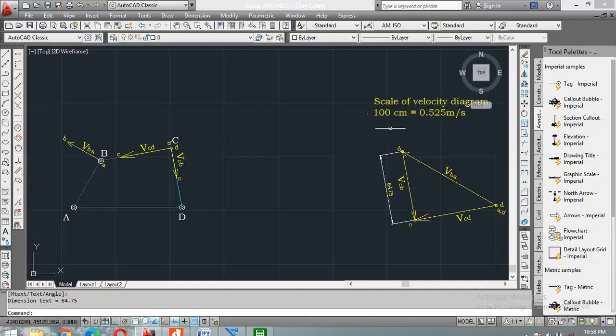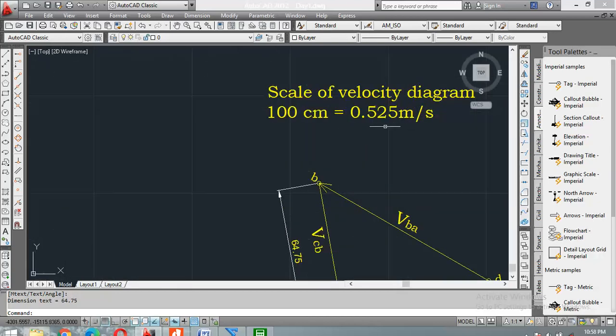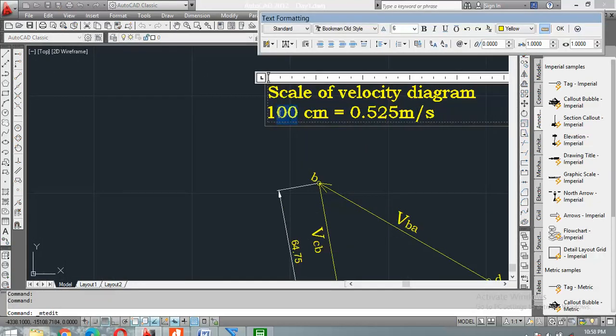Same, 100 centimeter indicates 0.525 meter per second. So how much meter per second does 64.75 indicate? You can directly write it from the scale. So 1 centimeter will be equal to 0.00525.